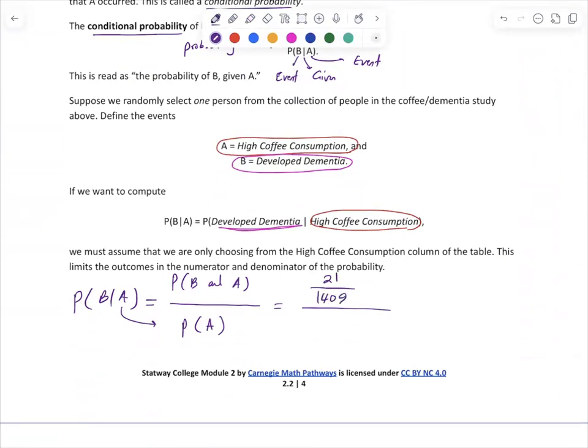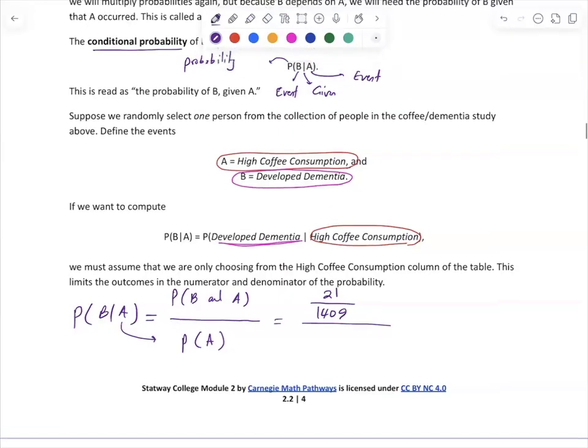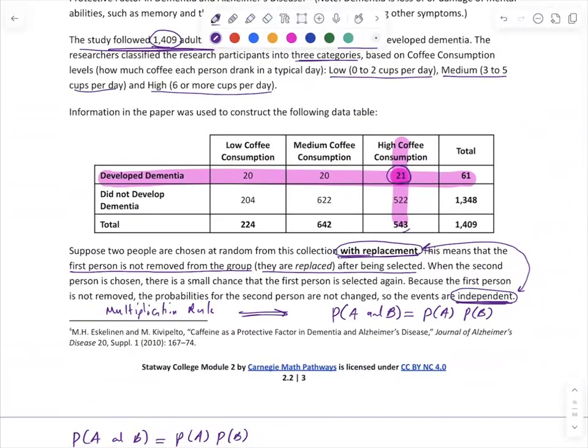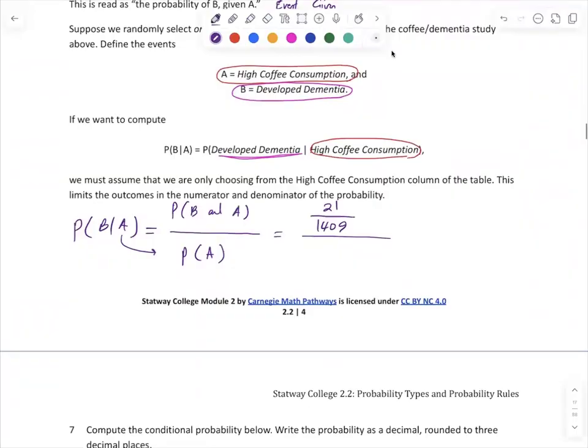A is the probability that you consumed coffee heavily. This goes on the denominator. The probability that you consumed coffee heavily is 543 out of the total, 543 divided by 1,409, the total number of folks who actually participated in this study.